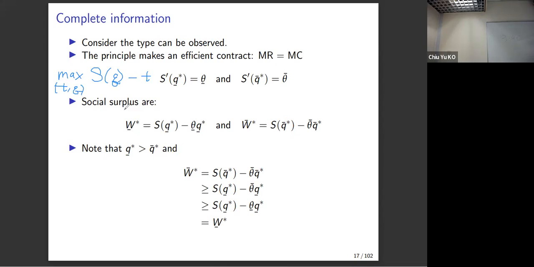And I have to design it in such a way that this agent wants to do the job, right? That means that I have to make sure that T is at least as large as the cost of production, C of Q, given theta. Maybe I should add that back to this slide, right?